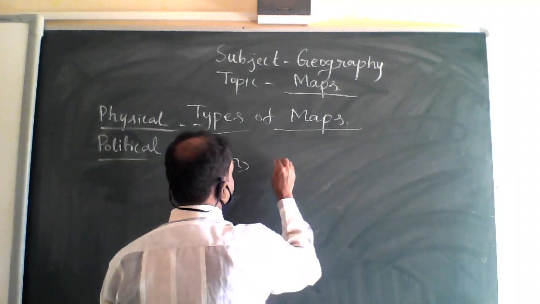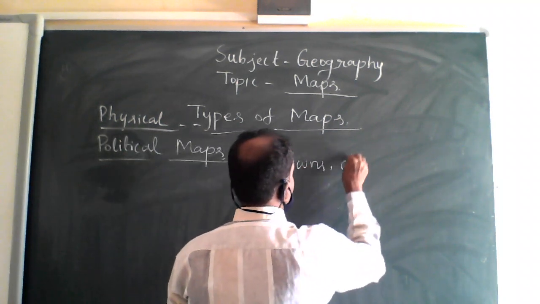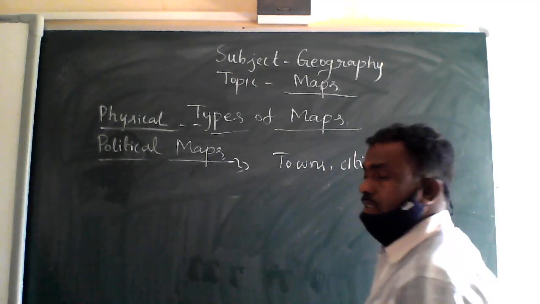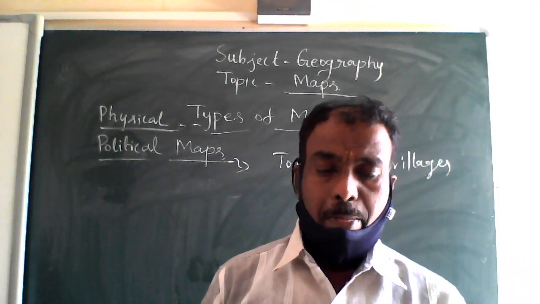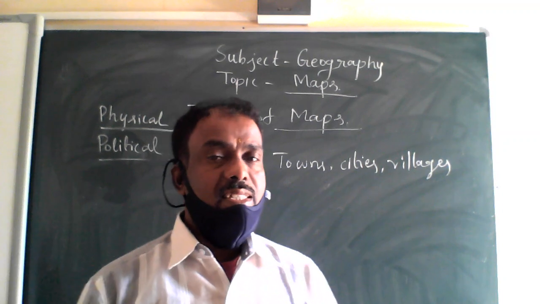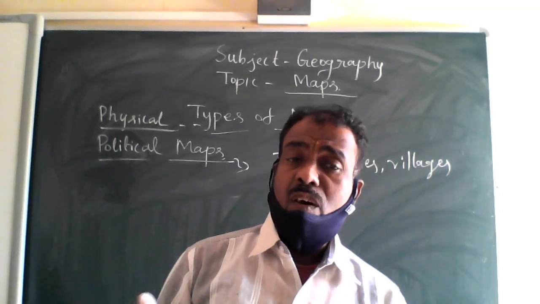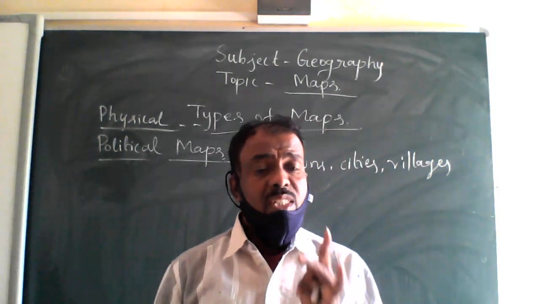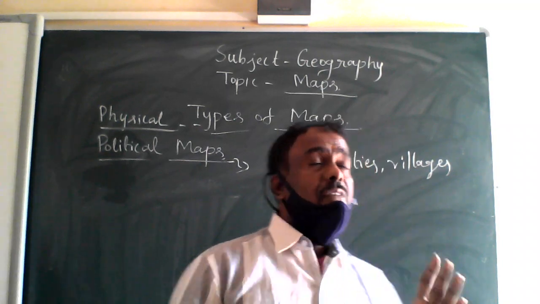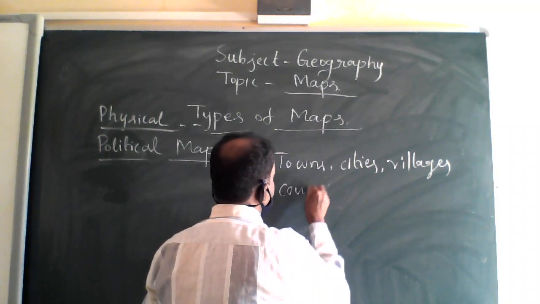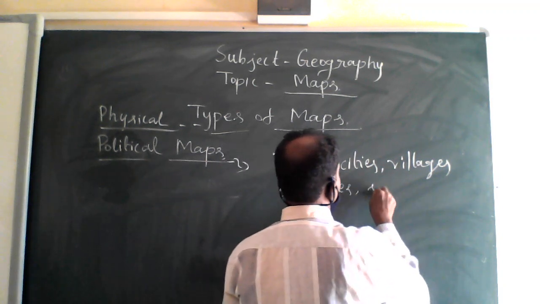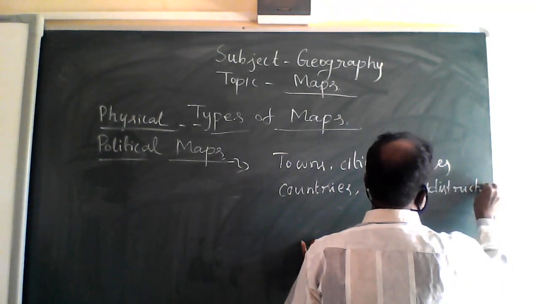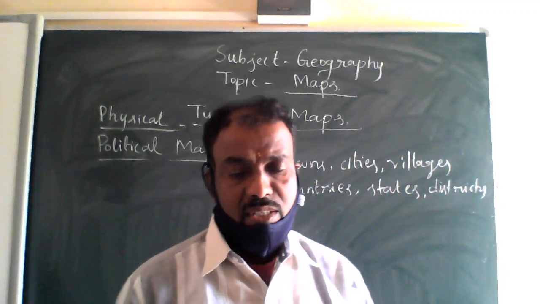Political maps are showing towns, cities, and villages. That means the particular place, whether it may be a town, a city, or a village. And these political maps are showing different countries also, countries or states or districts, etc. Getting, dear students?